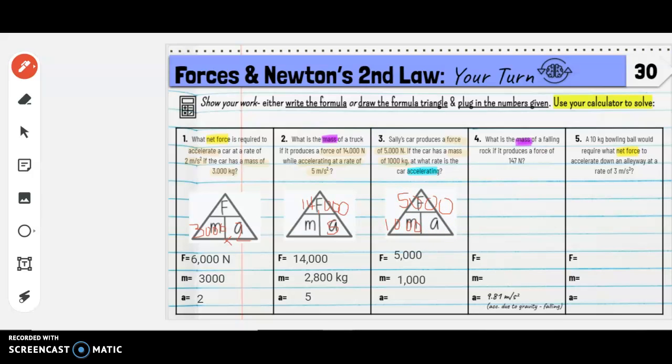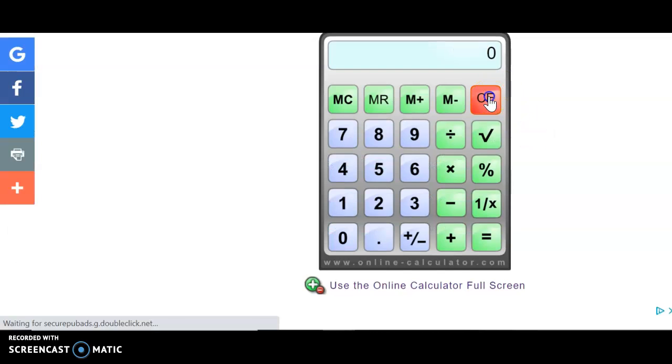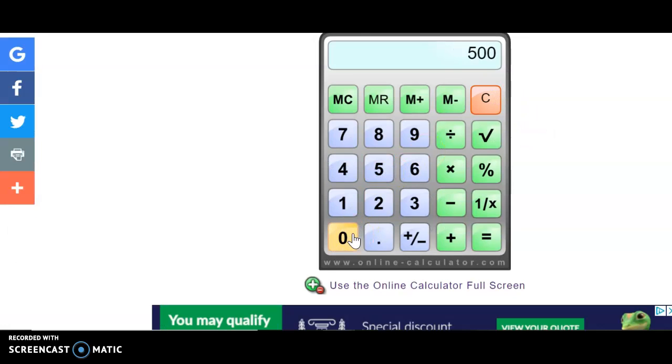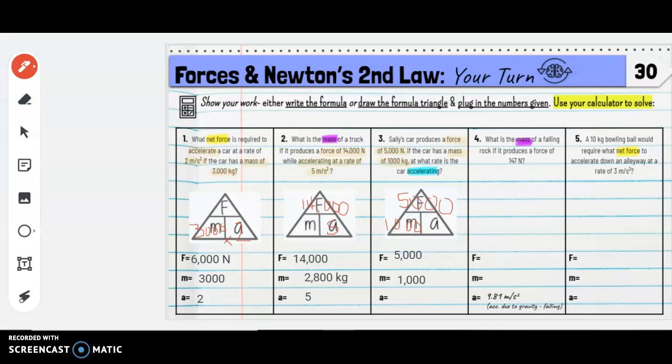So in my calculator, I'll plug that in. We have 5,000 divided by 1,000. See what we get. Our answer is 5. So now we know the acceleration is 5 meters per second squared.